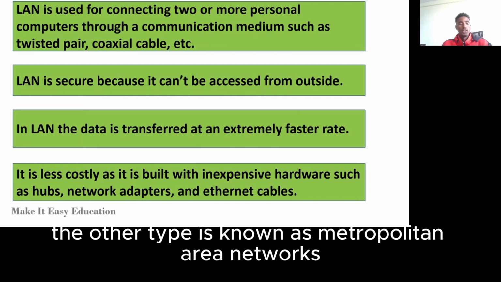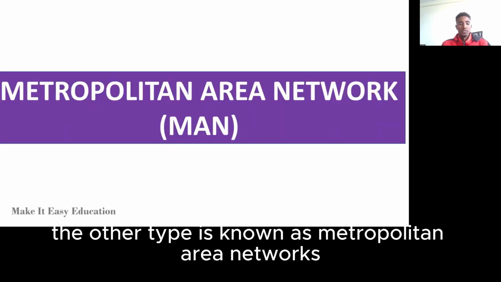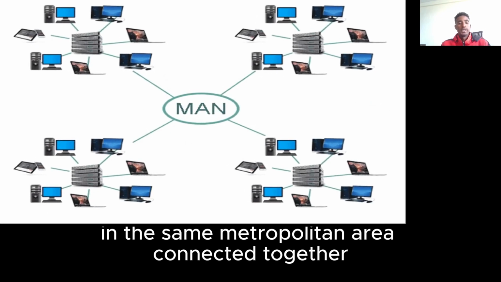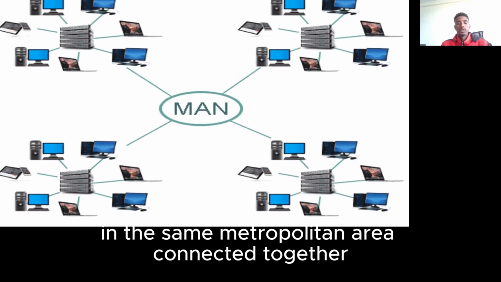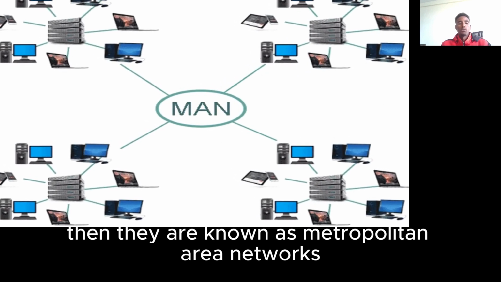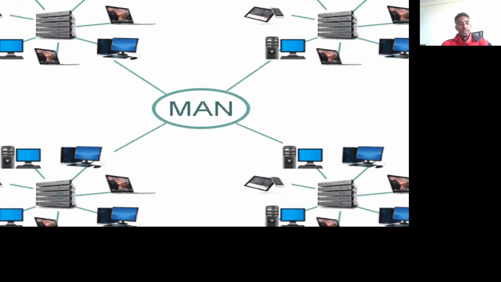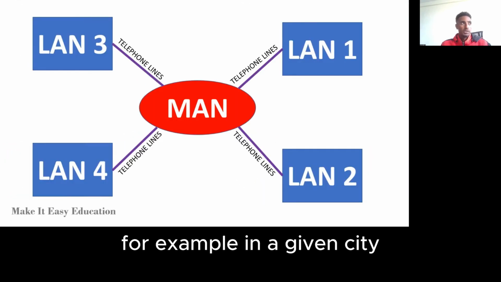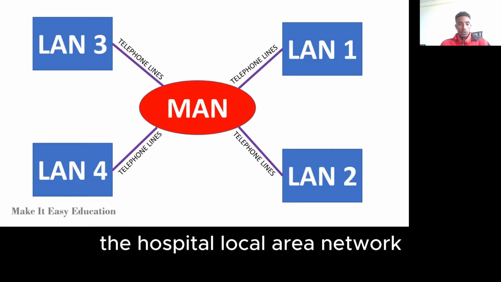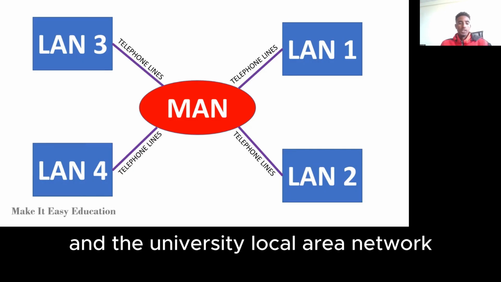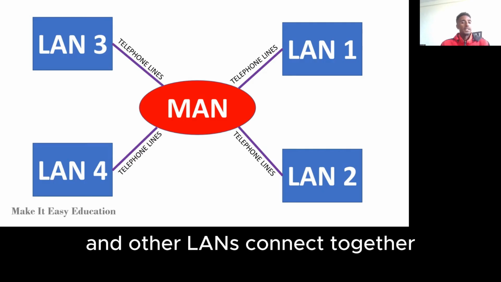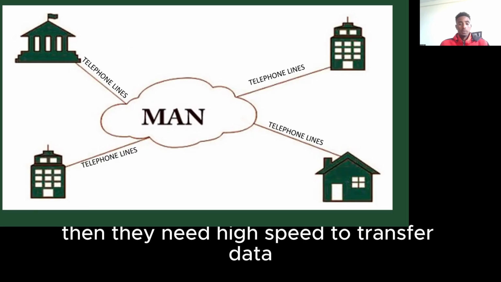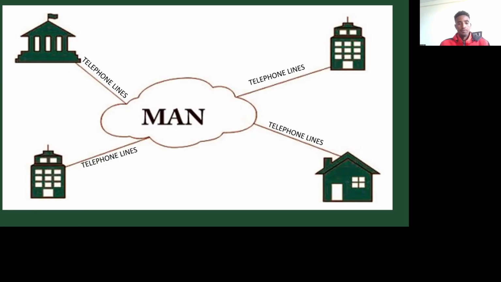The other type is known as metropolitan area networks. When two or more local area networks in the same metropolitan area are connected together, they are known as metropolitan area networks. Since it connects different LANs, for example, in a given city, the hospital local area network and the university local area network and other LANs, they need high speed to transfer data.